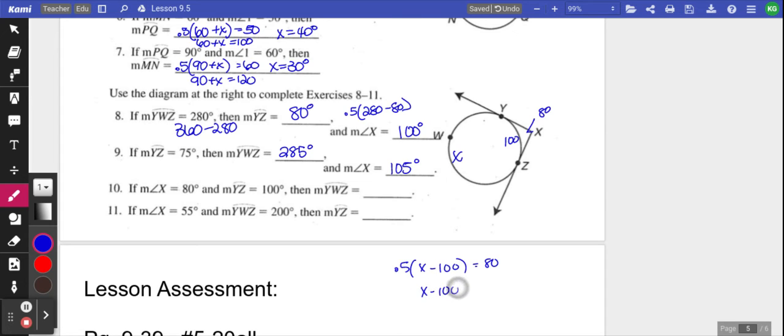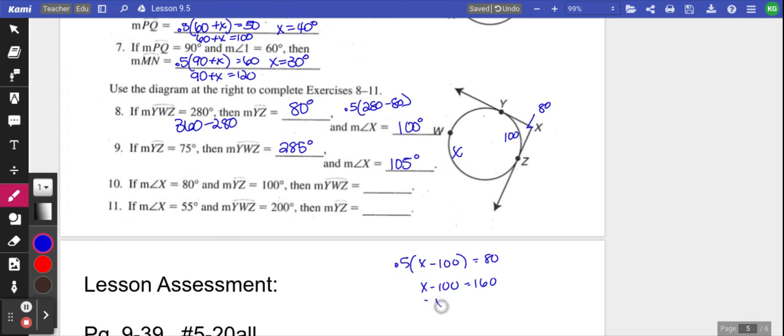Divide it by half, which gives me 160. Add 100, which gives me 260. Also, I could have just said, I know that YZ and YWZ equals 360. So if I know that YZ is 100, I know the other one has to be 260. But I've proven it both ways.